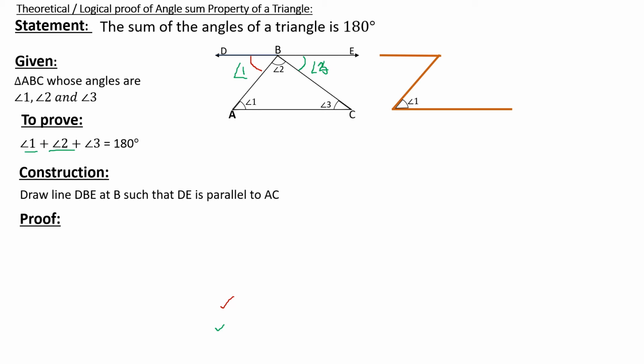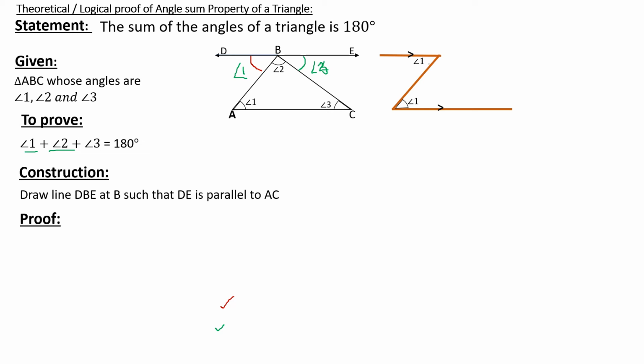On one side at A you have got angle 1. Now this line DE, DB and AC are parallel.